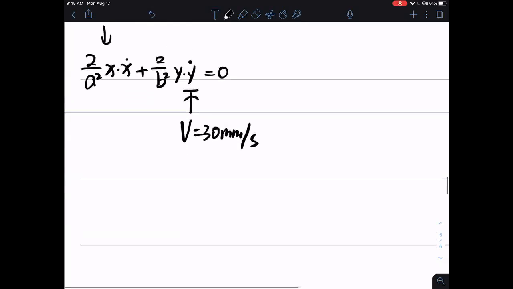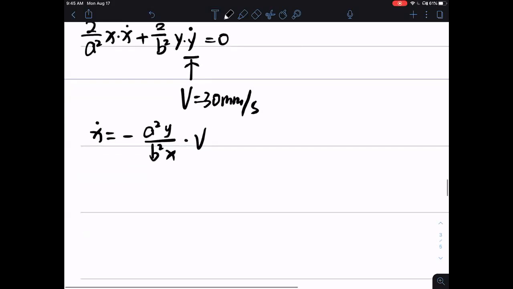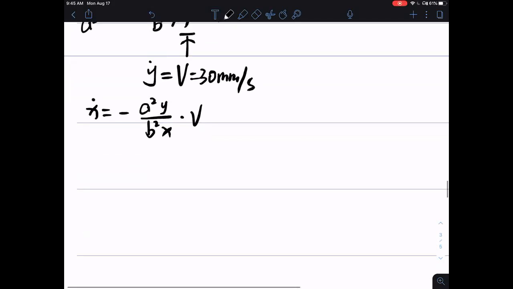In that case, x dot is our only unknown. We can find x dot as negative a squared y over b squared x times v by replacing y dot with v. Now we have an expression for x dot.